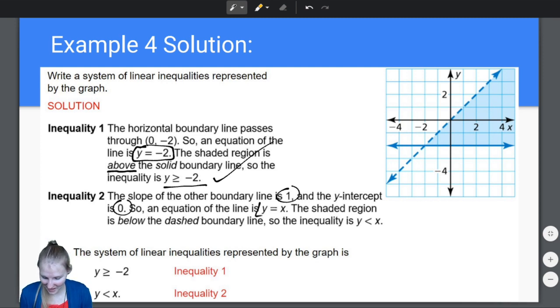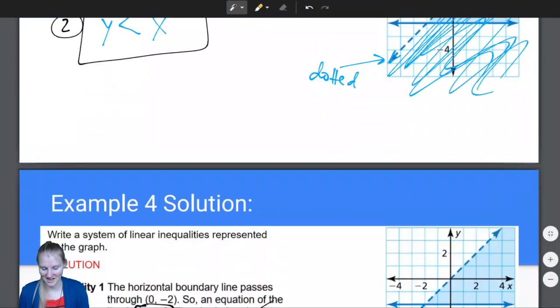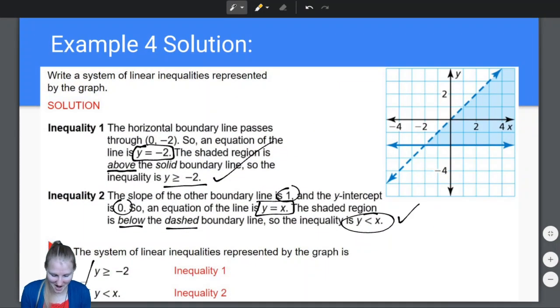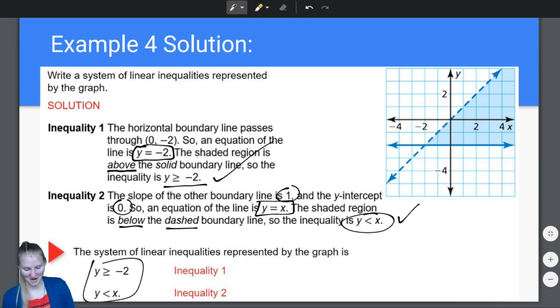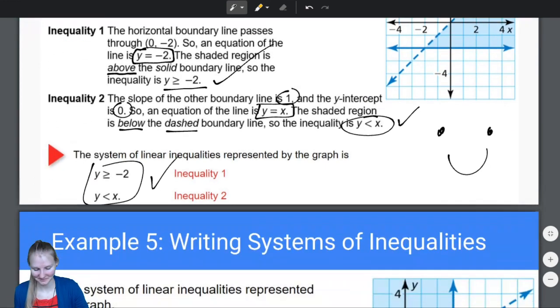So a boundary line equation is y equals x. Shaded region is below the dashed boundary line, so the inequality is y is less than x. This is exactly what we had. So, we were correct. Woohoo!